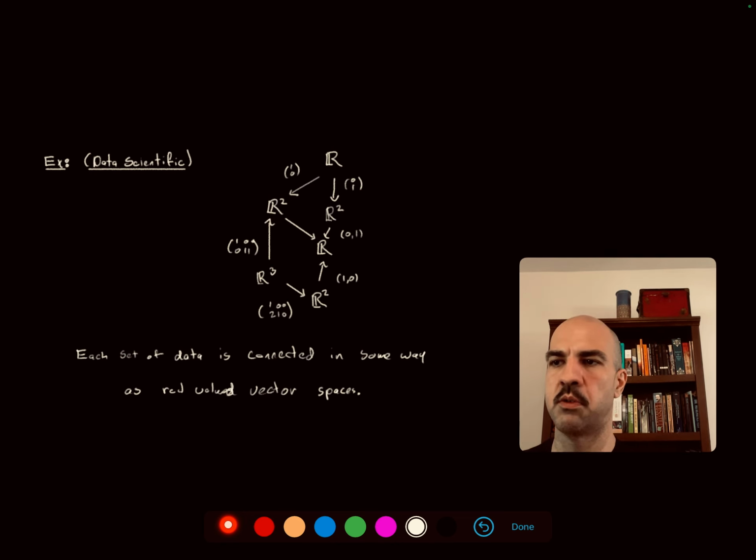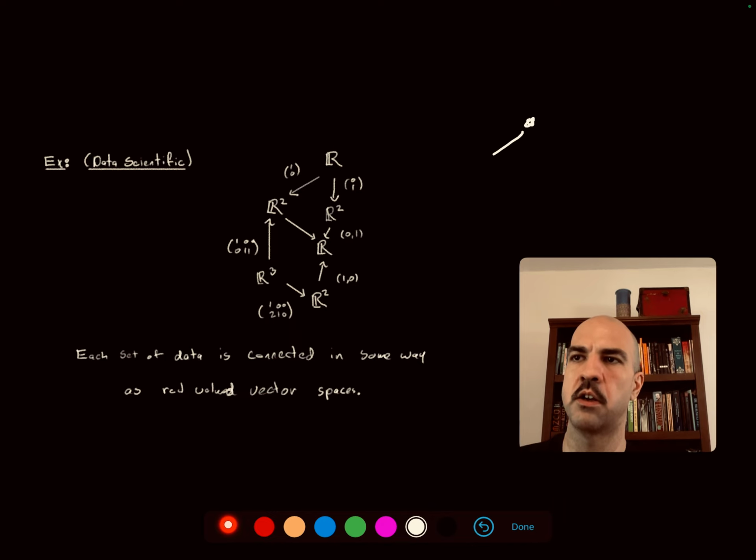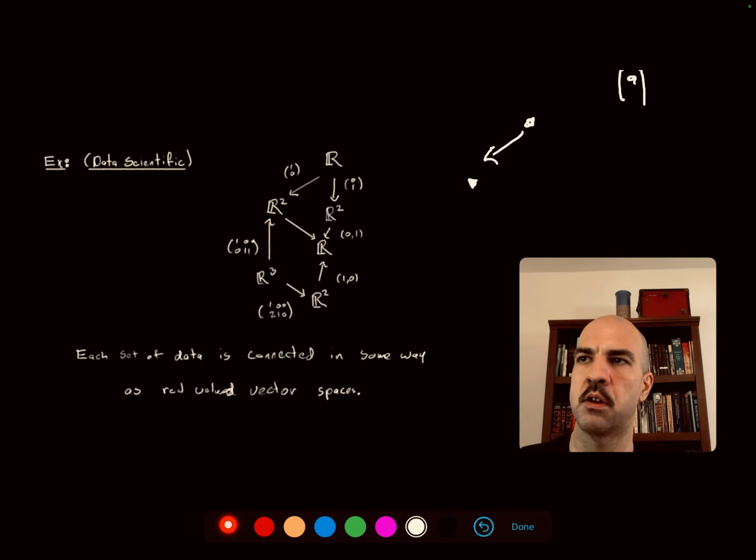Another good example of sheaves is from data science. So you have this idea of how all these data points are related, and these can be elements in a database. For example, you do a query of a database, and you get a column back, and this will be R2. So you have some number here, some number here.